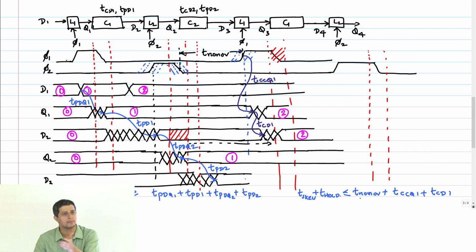I could do the same analysis with D2 changing and then analyzing what happens at D1 again. So this min delay condition has to hold for every latch.